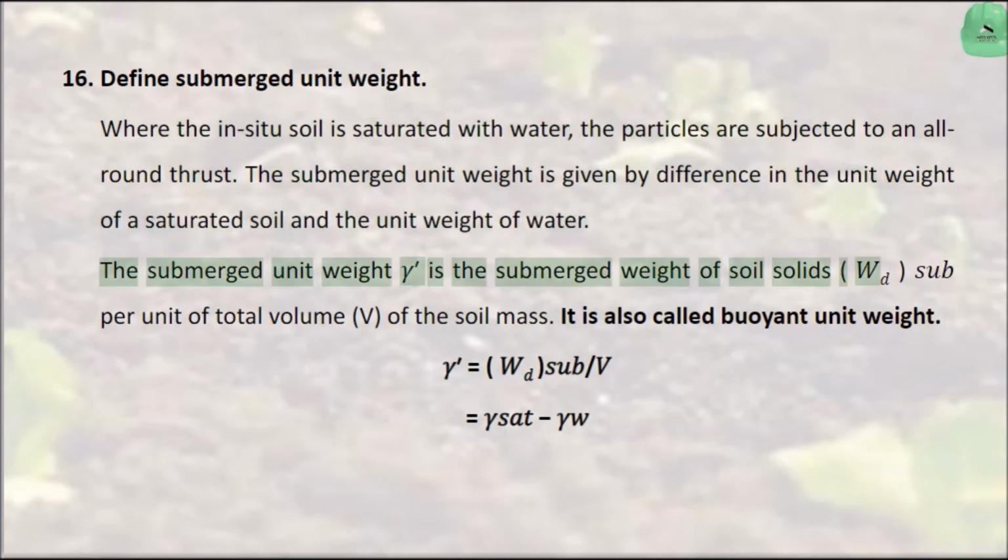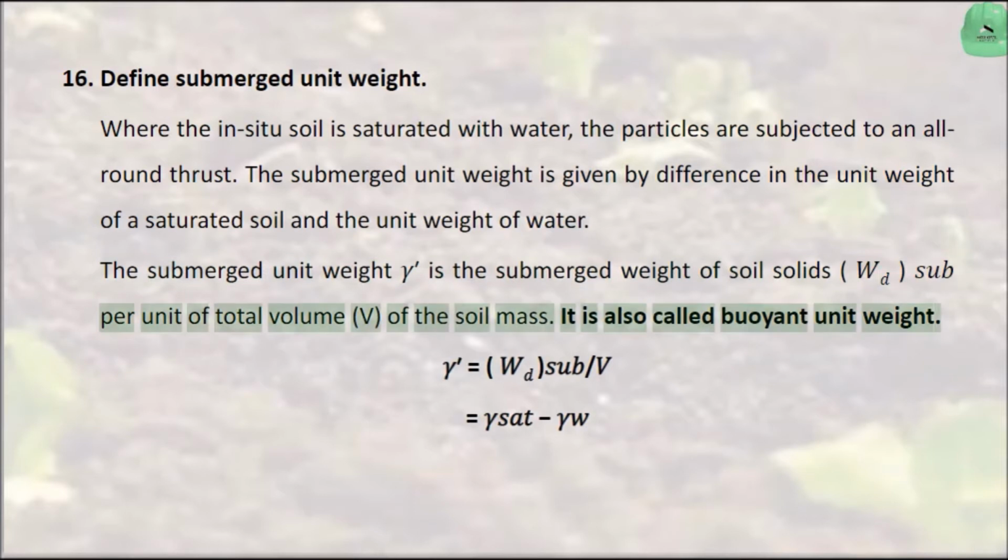The submerged unit weight is the submerged weight of soil solids per unit of total volume, V, of the soil mass. It is also called buoyant unit weight.